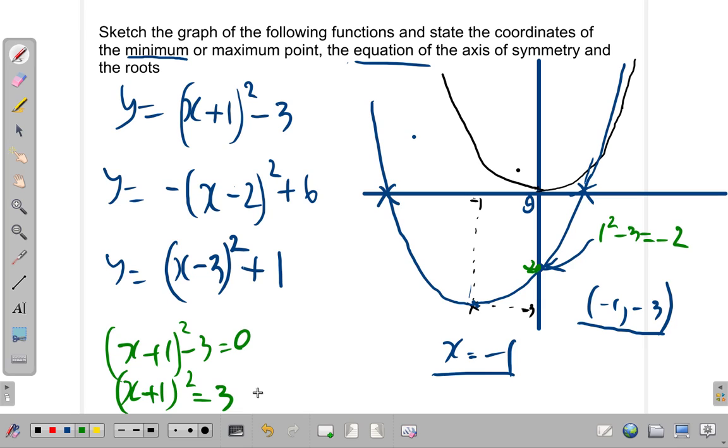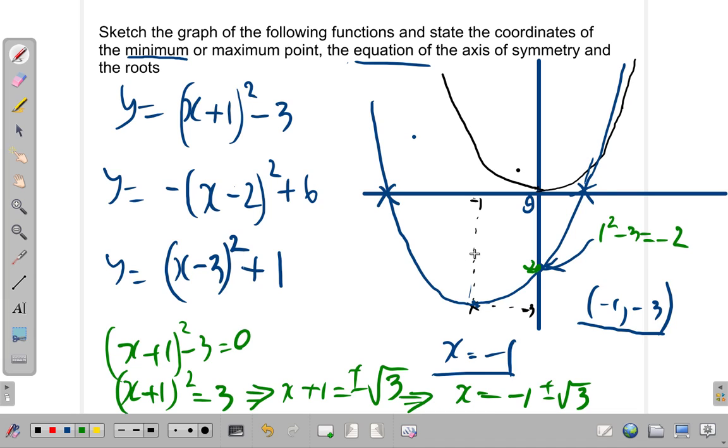If x plus 1 squared equals 3, this would imply that x plus 1 is positive or negative square root of 3, which implies further that x is negative 1 plus or minus the square root of 3. Negative 1 plus the square root of 3, negative 1 minus the square root of 3.